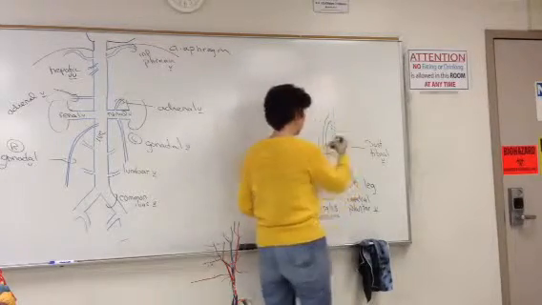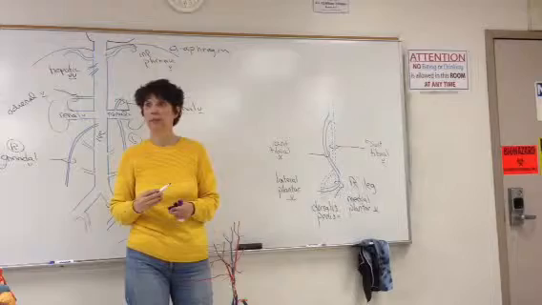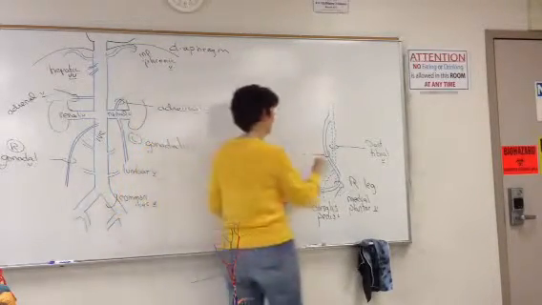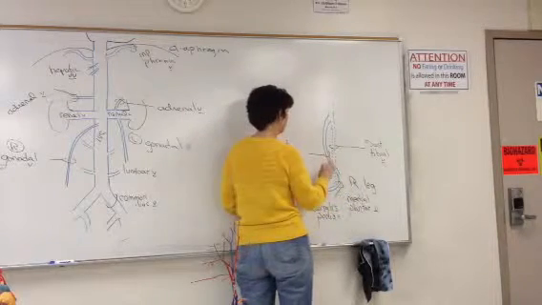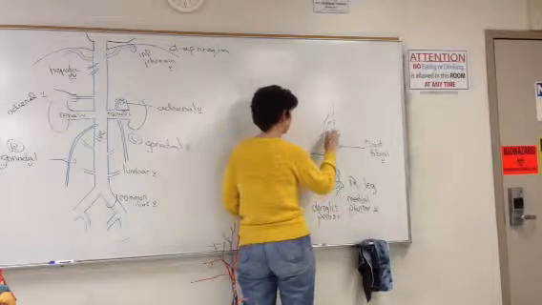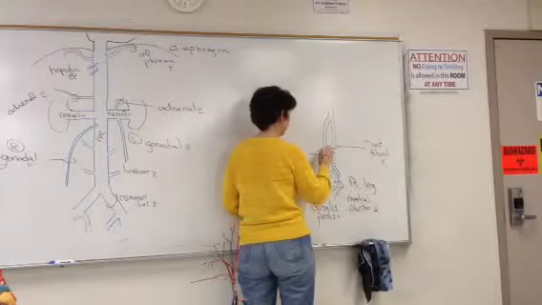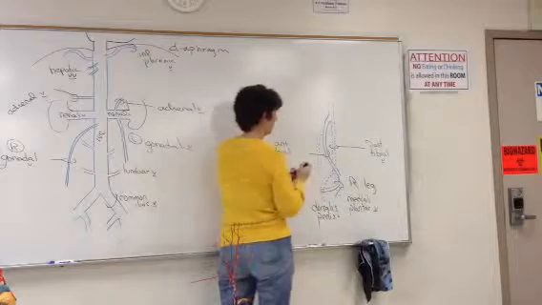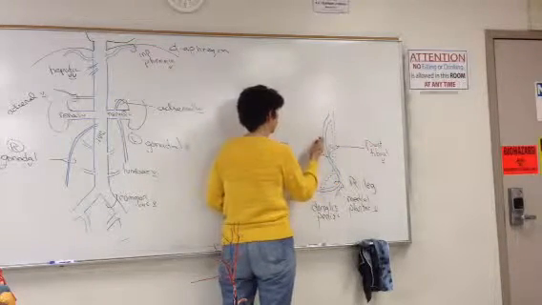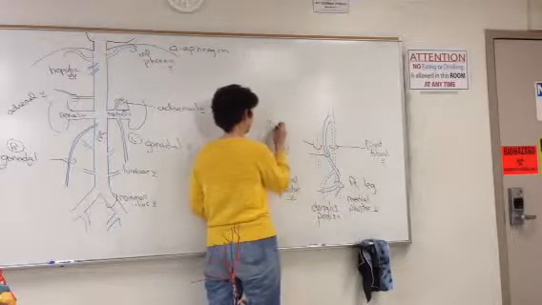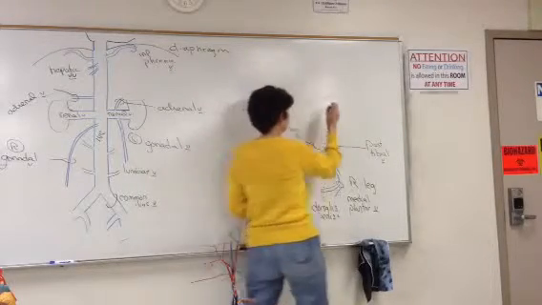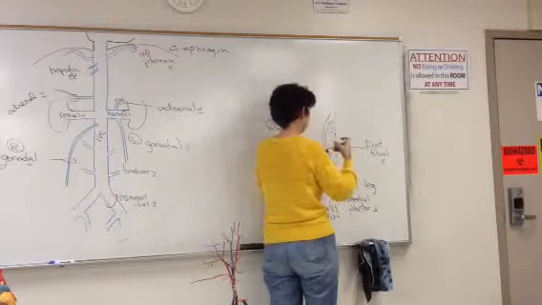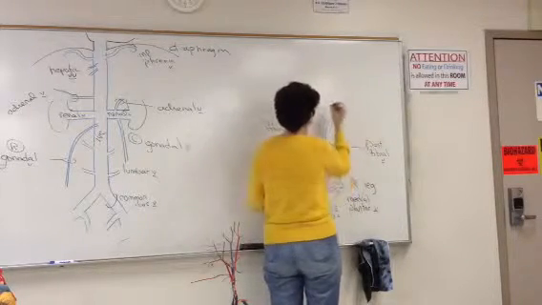What other vein will drain into the posterior tibial vein from the lateral compartment? Pardon? Fibular. So that's going to come from the lateral ankle and drain into the posterior tibial vein. I have a short femoral vein here.